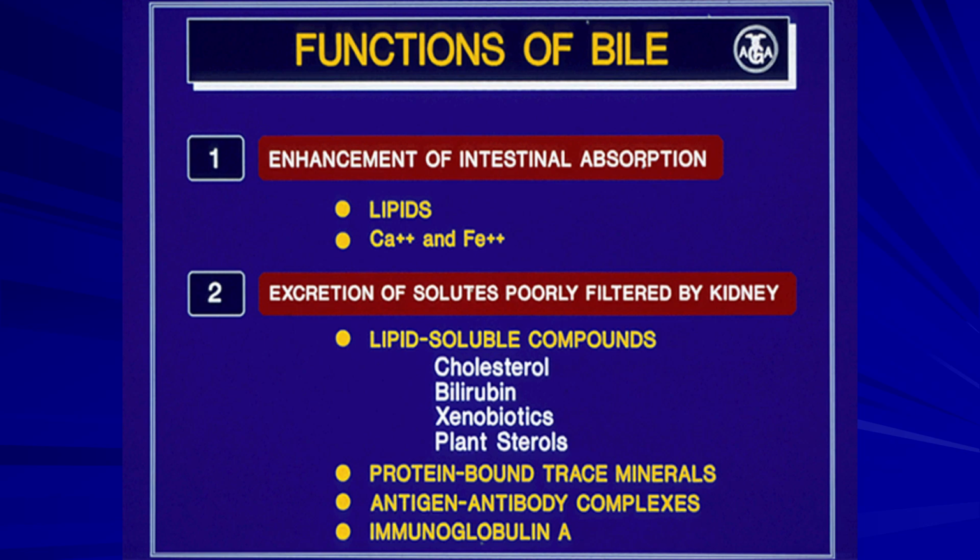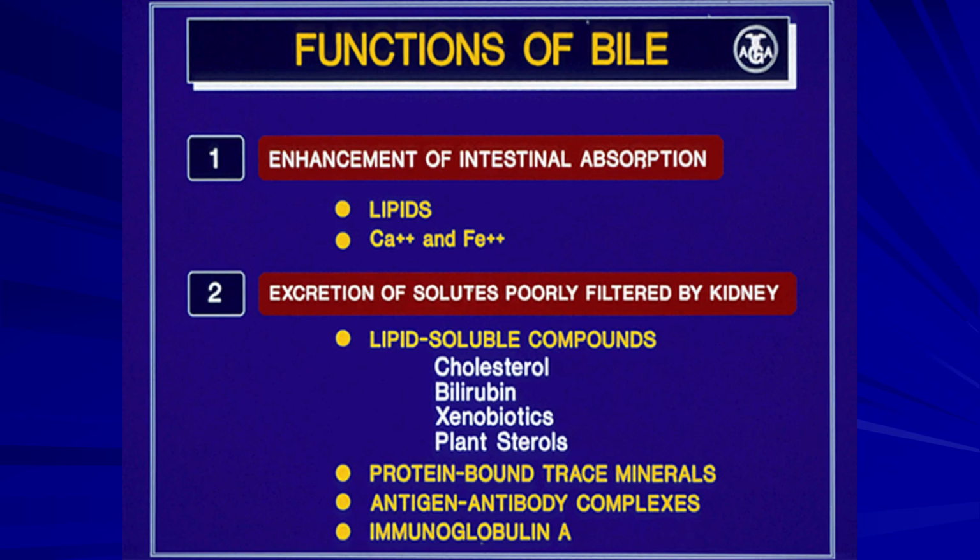That is, they have a water-soluble component as well as a lipid-soluble component. And hence, they are able to micellarize lipids that you take in your diet, forming micelles that can cross the intestinal membranes into ultimately the systemic circulation.